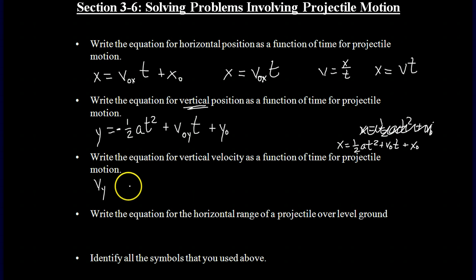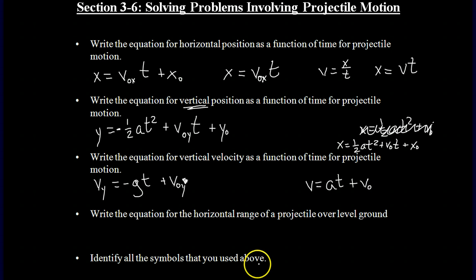Okay, so now we've got the vertical position. Let's get the equation for the vertical velocity. The vertical velocity is equal to negative gt plus the initial velocity in the y direction. And that just simply came from the kinematic equation here.